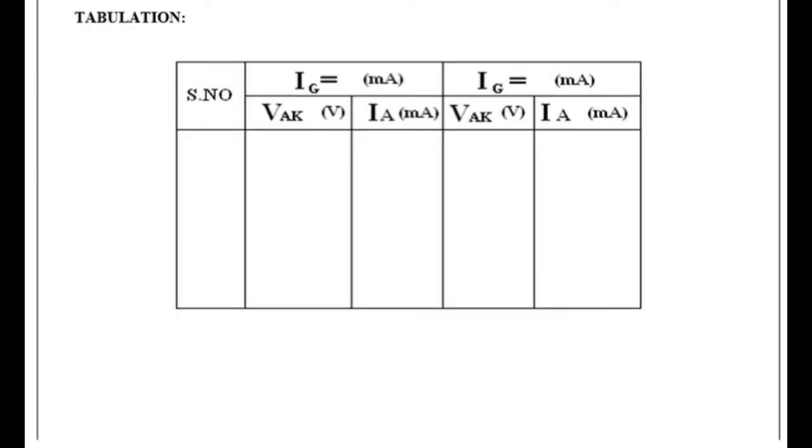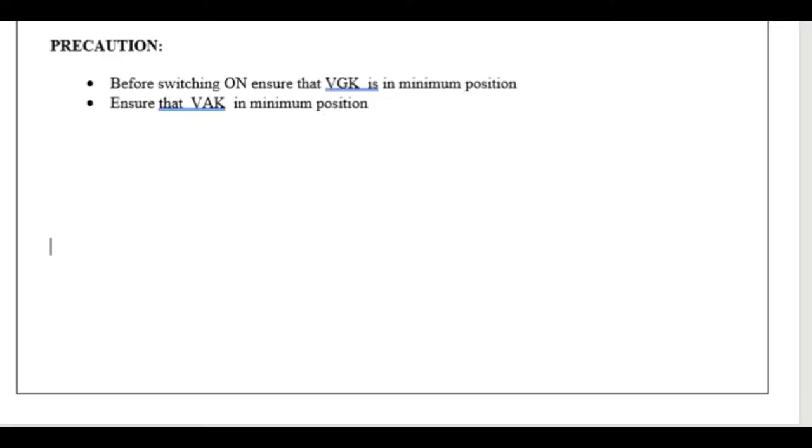This is the tabulation details for this experiment. We have to take two sets of readings for different values of gate current. By keeping gate current fixed at one level, the anode cathode voltage is to be varied, and correspondingly the anode current should be noted.